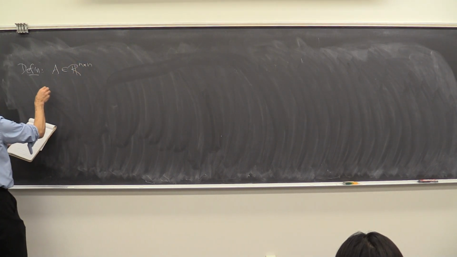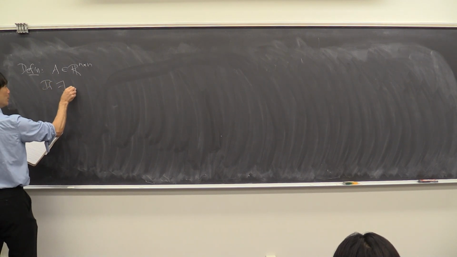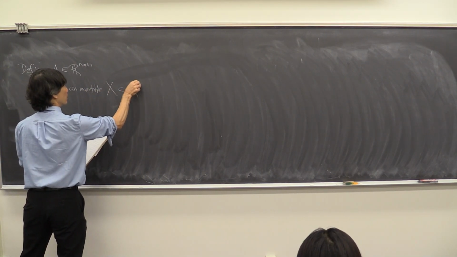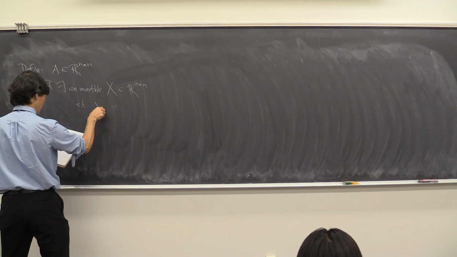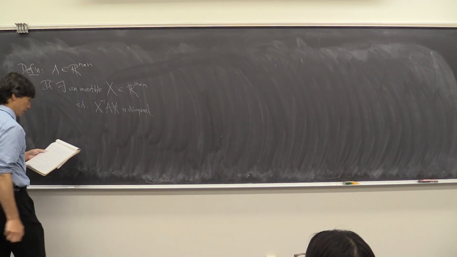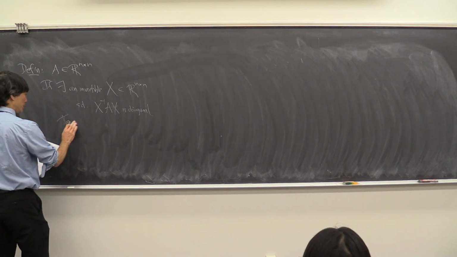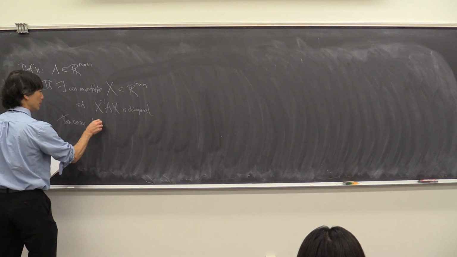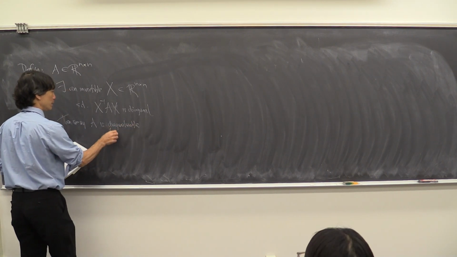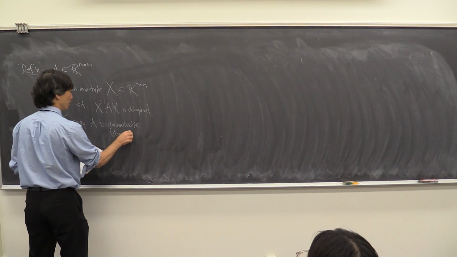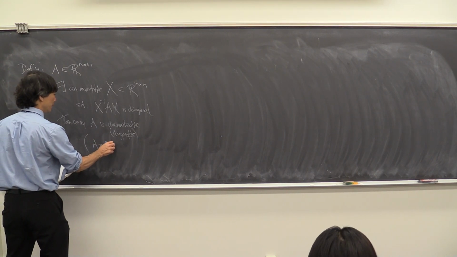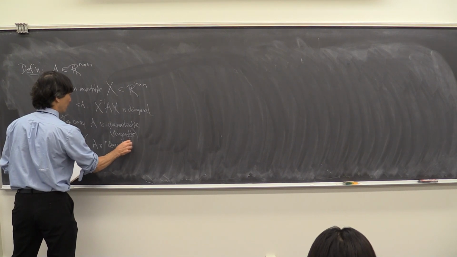You have a square matrix A. If there exists an invertible matrix X such that X inverse AX is diagonal, then we say the matrix A is diagonalizable, or sometimes people just shorten that to diagonable, and that A is diagonalized by X.